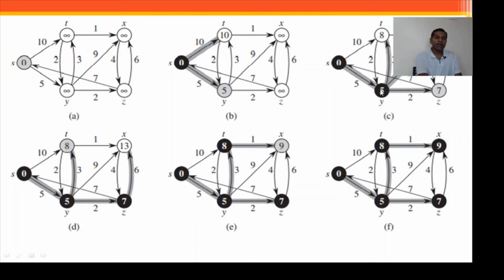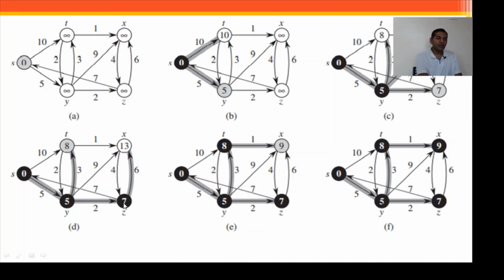All the vertices adjacent to Y are visited. That's why we make this vertex black, to indicate that it has been fully visited and discovered. After that, out of the remaining 8, 14 and 7, 7 is the minimum weighted vertex, so we'll go with this 7.